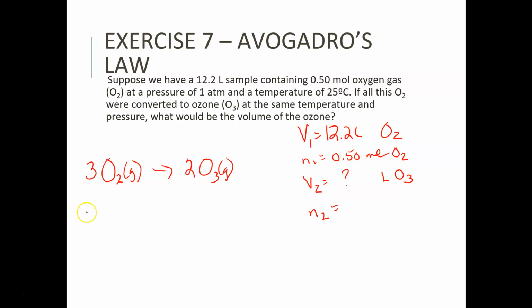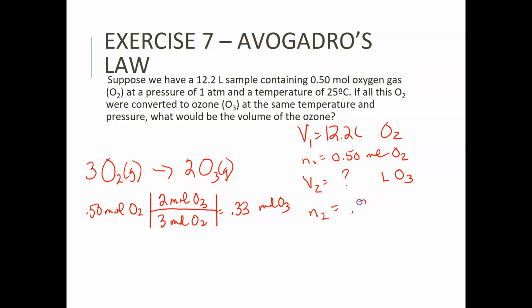So I have 0.50 moles of O2, and I've got to figure out the moles of O3. I've got 3 moles of O2 to 2 moles of O3, which gives me 0.33 moles of O3.